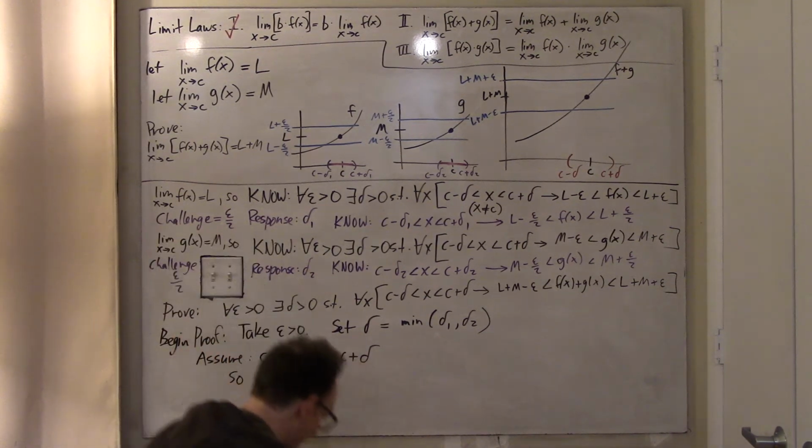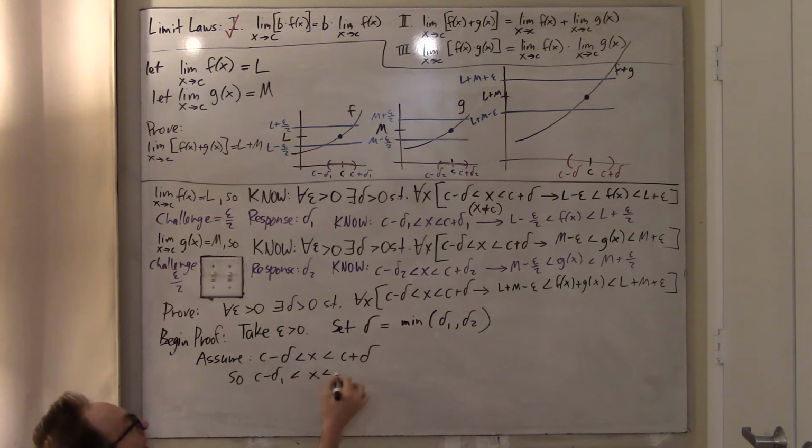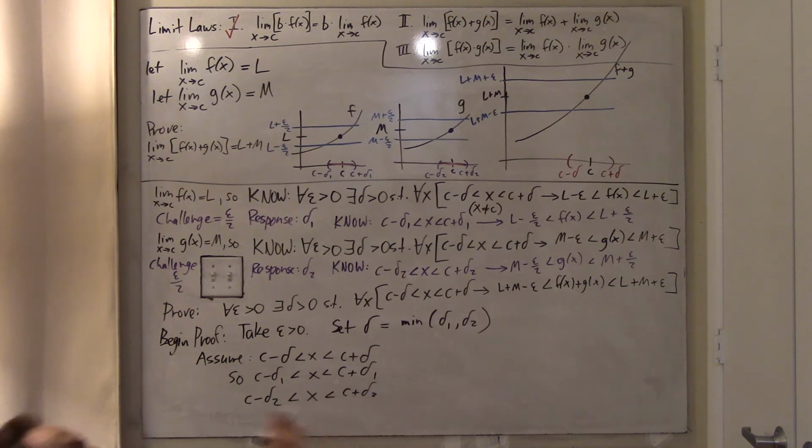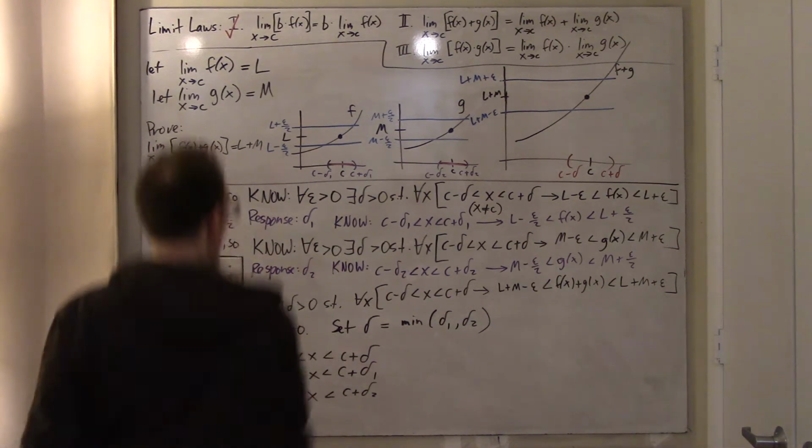So, if delta is the minimum of delta 1 and delta 2, then if x is between c minus delta and c plus delta, then x is between c minus delta 1 and c plus delta 1. And also, x is between c minus delta 2 and c plus delta 2, because delta is the smaller of the two.